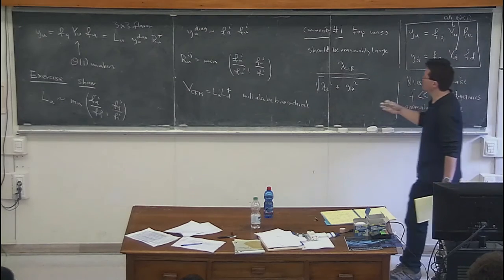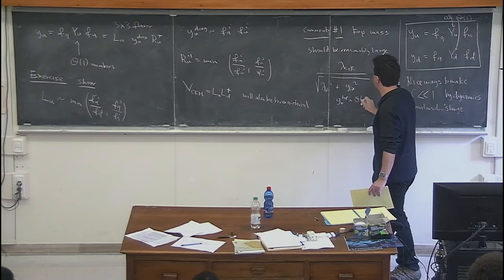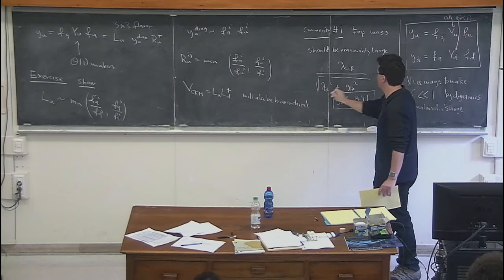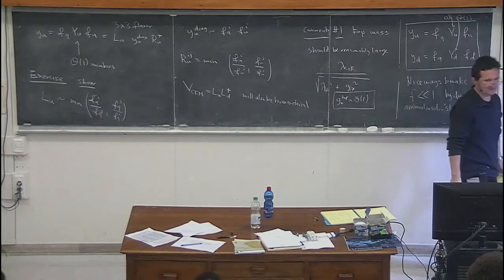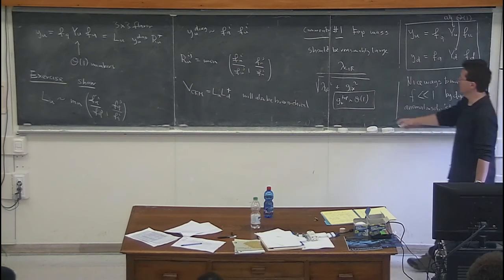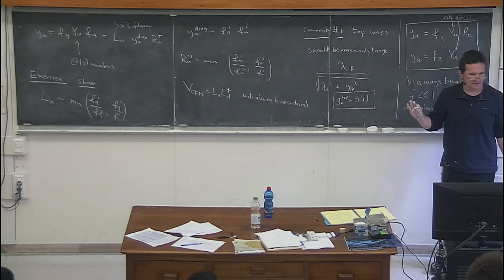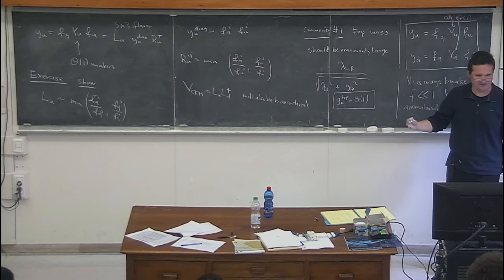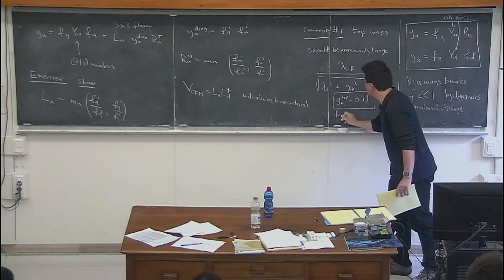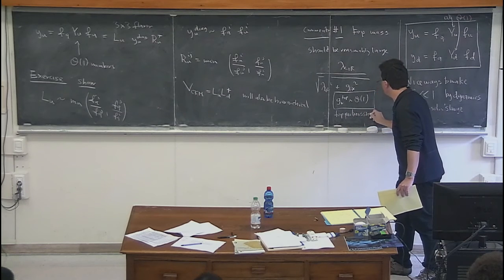So the upshot is that the g star for the top should be order 1, which is good. That's exactly the same thing as we need in order to solve the hierarchy problem, which is telling you that the top partners cannot be super heavy. Flavor is also telling you that the top partners should be reasonably light.